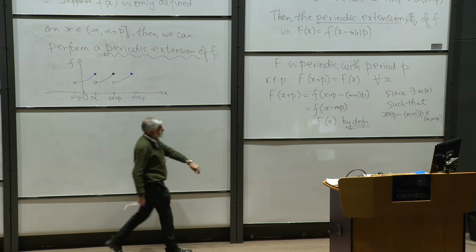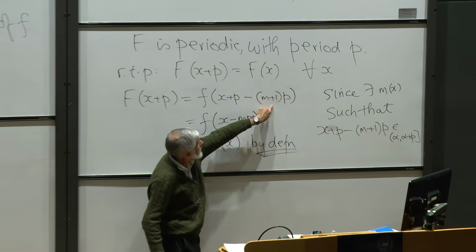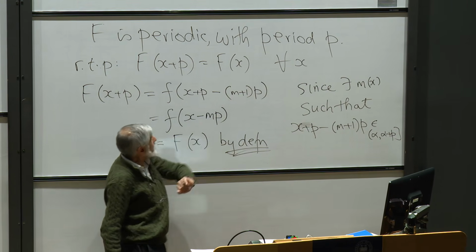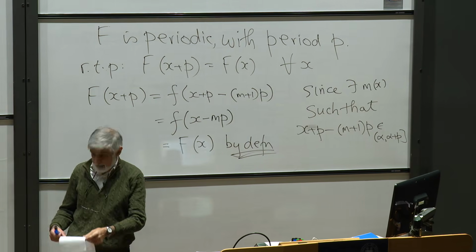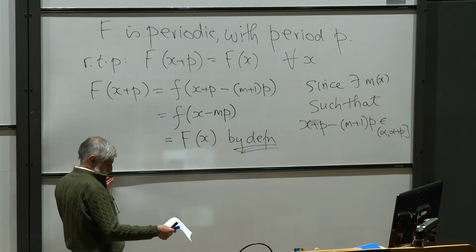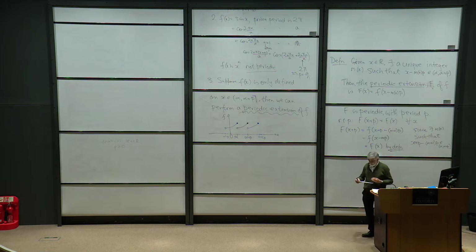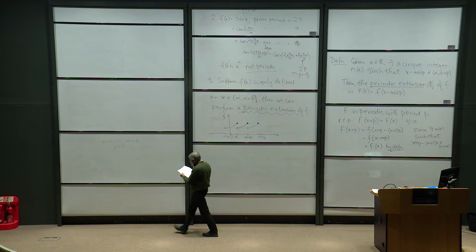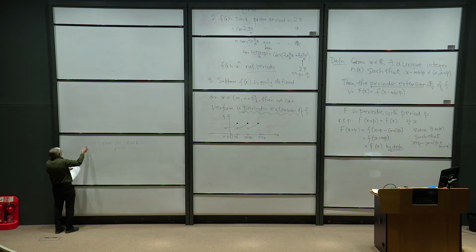So the key thing is writing this as m plus 1, and then the p and p here cancel, and you get x minus mp, and that gives you that. Right, so now we'll go and look at properties of periodic functions.